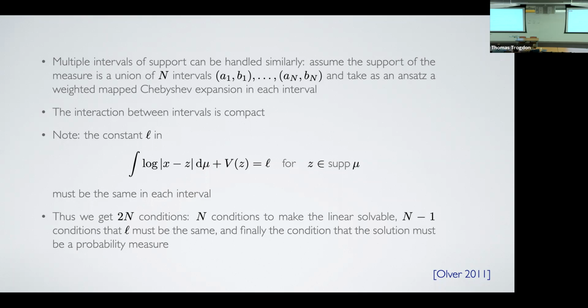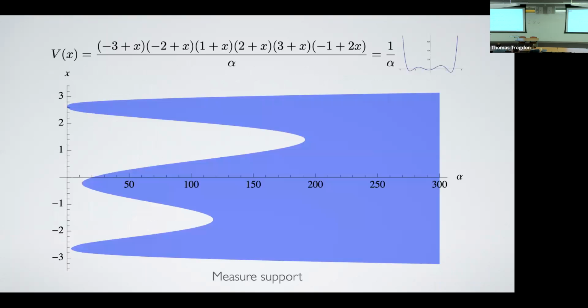Here there's an analog, which gives us, if n is 2, 2 conditions. Then we have that it's a probability measure, so that gives us 3 conditions. We need one more condition, which is that this constant L on each interval is the same. So that gives us 4 conditions. We have 4 conditions, 4 unknowns, use Newton iteration, and hope it converges.